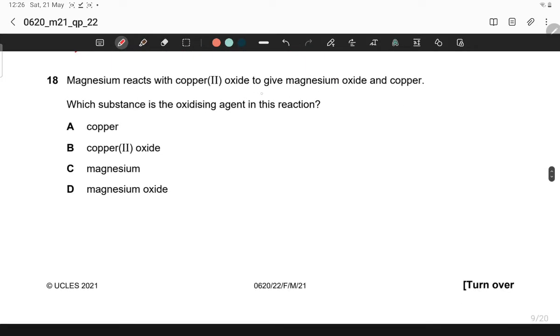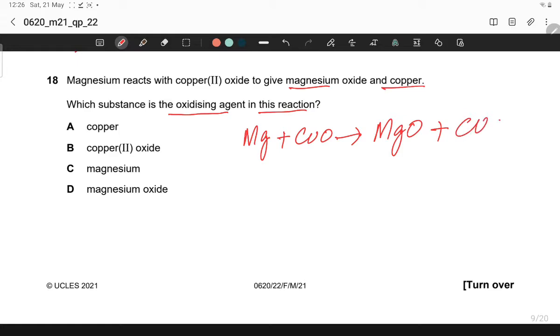Magnesium reacts with copper 2 oxide to give magnesium oxide and copper. Which substance is the oxidizing agent in this reaction? Magnesium reacts with copper 2 oxide to form magnesium oxide plus Cu.